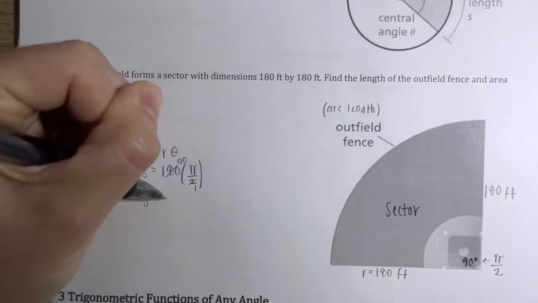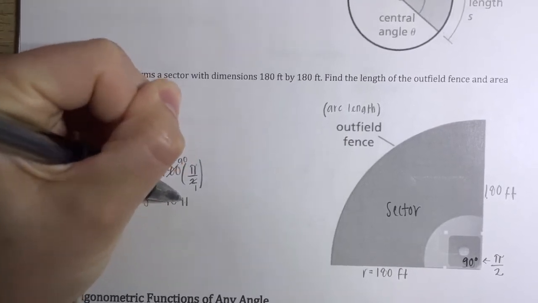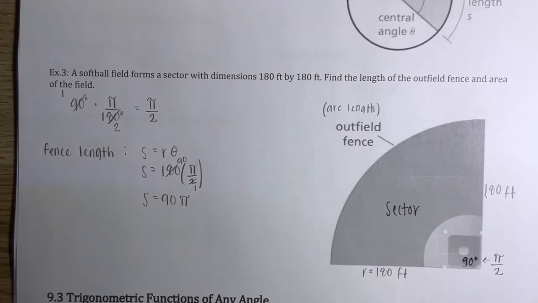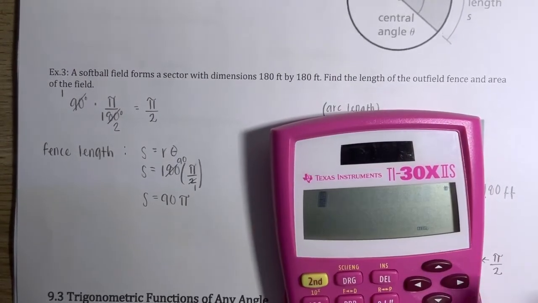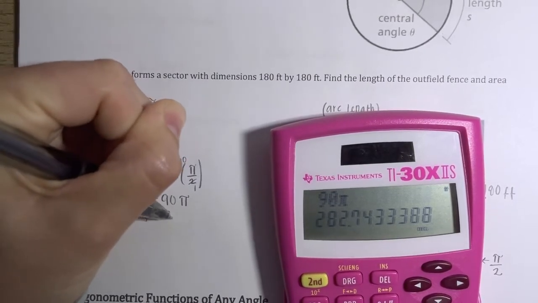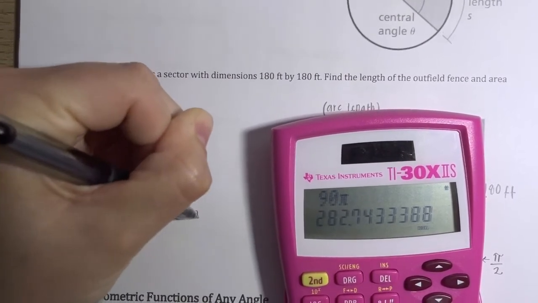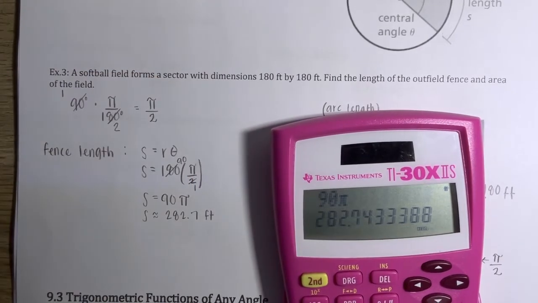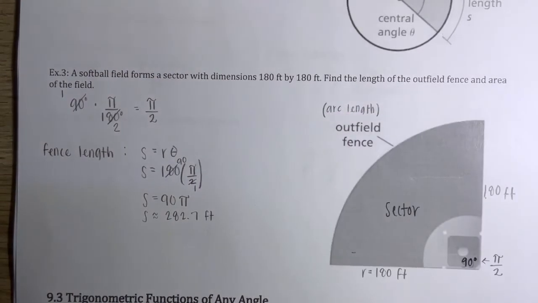So S is equal to 90 pi. And if you want, you can get an approximation. You don't have to. But 90 pi would be about 282.7 feet. So S is approximately 282.7 feet for our fence length.